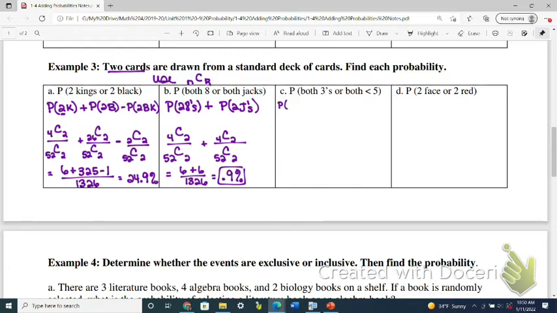So the probability of 2 3s, the probability of 2 that is less than 5, minus the probability of 2 that is less than 5 and 3. So, how many 3s do we have?